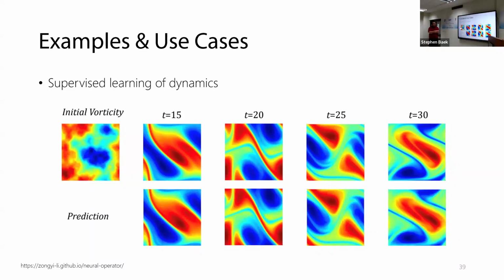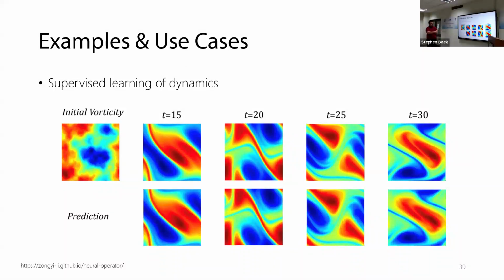You start from this initial distribution of vorticity, and the velocity field evolves over time. The neural operator is designed to predict a sequence of snapshots. There are 4 image outputs from the neural operator that correspond to t equals 15, t equals 20, t equals 25, and t equals 30.